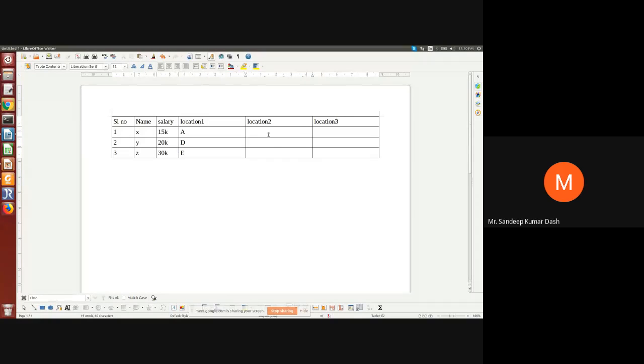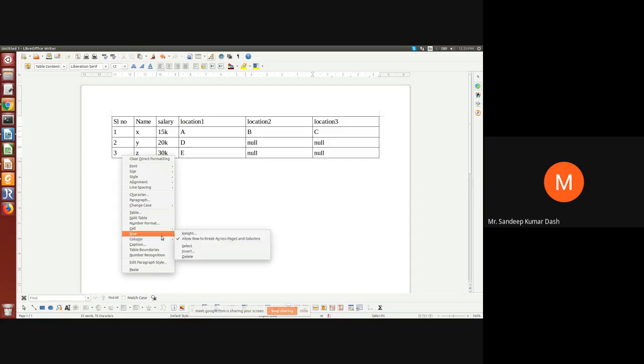So here I can keep A, because there are 3 values in this. I kept A here, location 2 is B, location 3 is C. But there are no location 2 and location 3 for these rows. So here I have to keep all nulls. Yes or no? Suppose there are more rows.